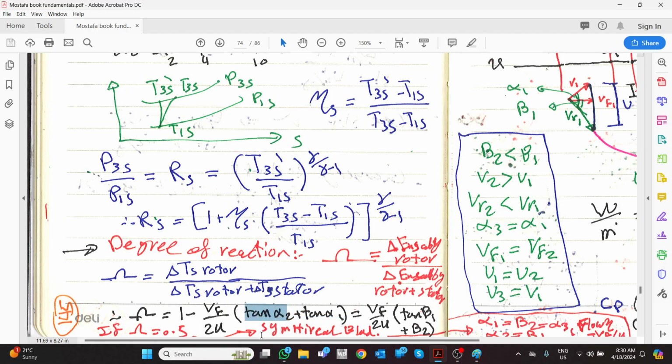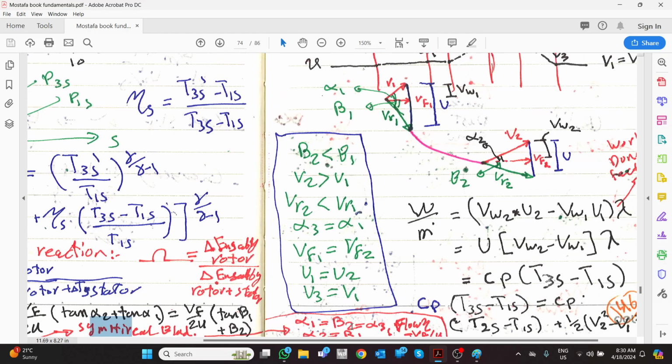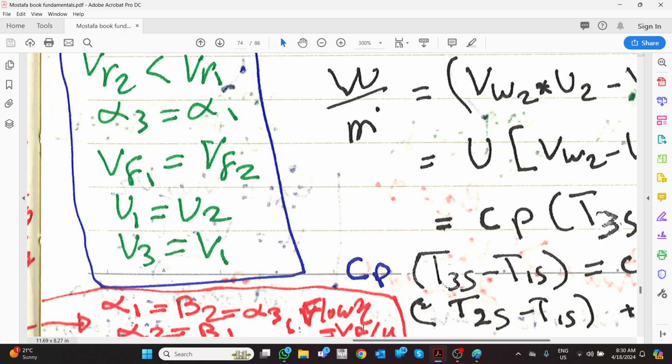However, from textbooks, in case of 0.5 it is named a symmetrical plate, which states that alpha 1, beta 2 and alpha 3 are equal, which also states that alpha 2 equals beta 1. And if you have all of these conditions, there is something named the flow efficiency. Flow efficiency is Vf divided by U. So you can define what the flow efficiency is.